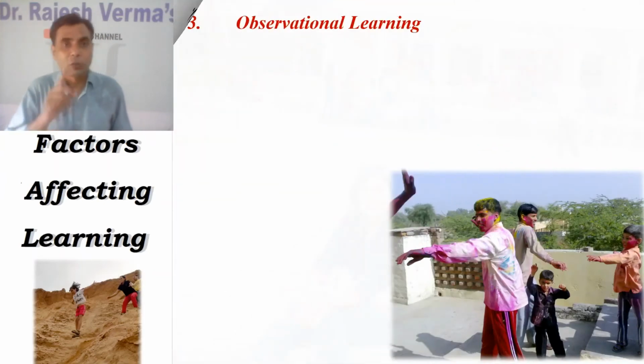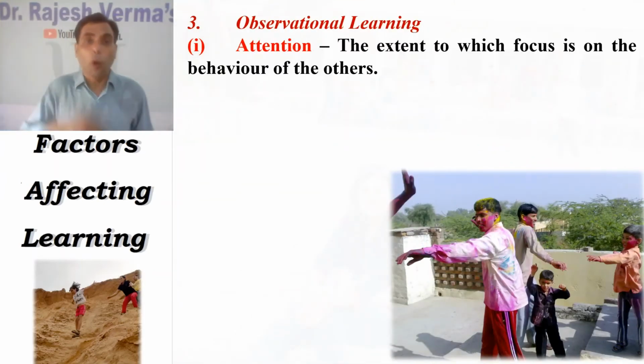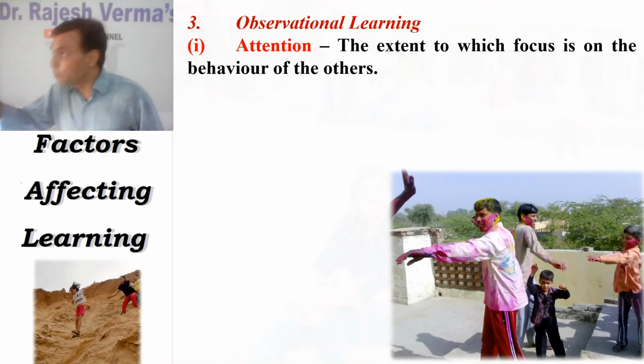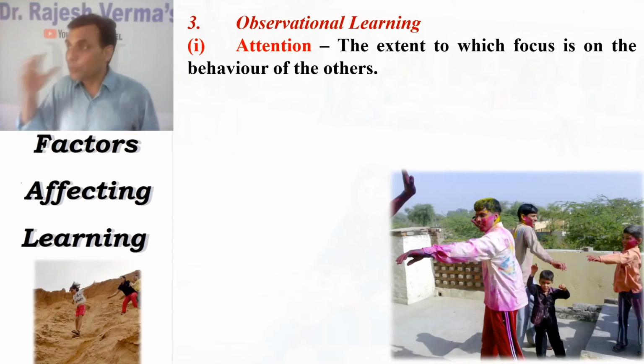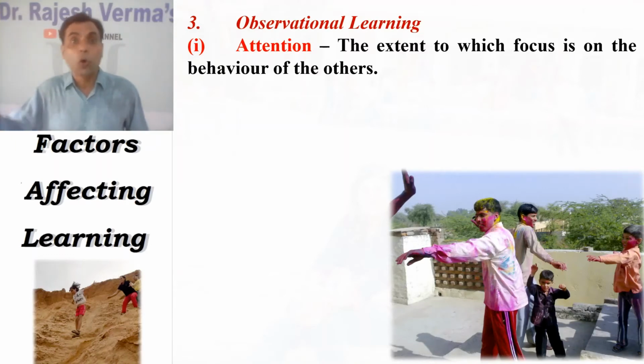So dear friends, these were the operant conditioning factors, and next comes observational learning, given by Albert Bandura. The first one is attention. What is that? The extent to which focus is on the behavior of others. When we observe others doing something, we try to put our focus or attend to them, and due to that we learn something.